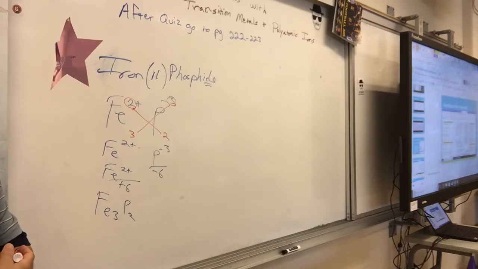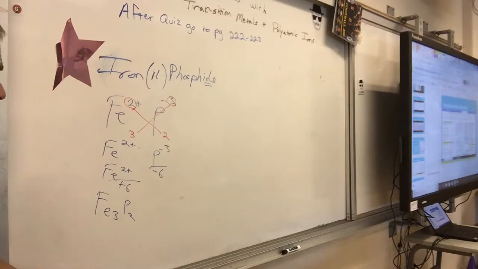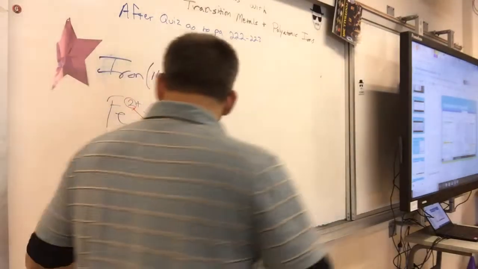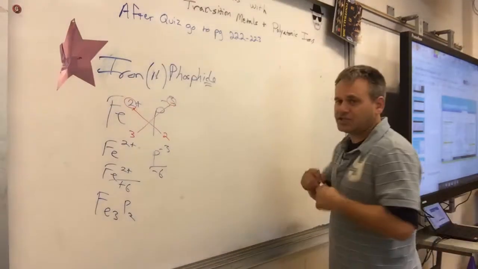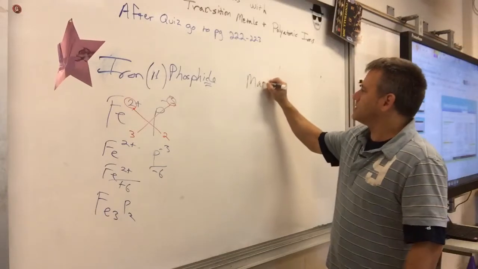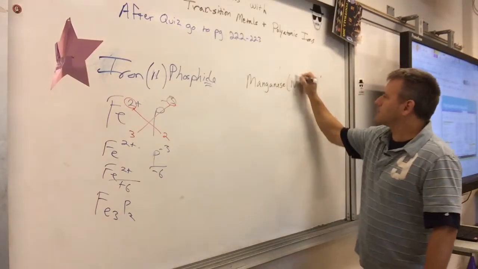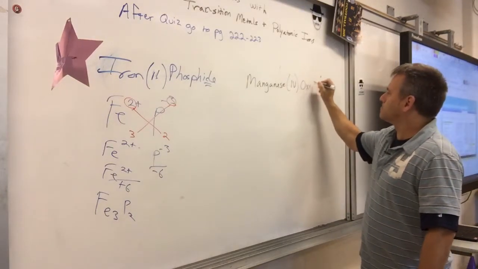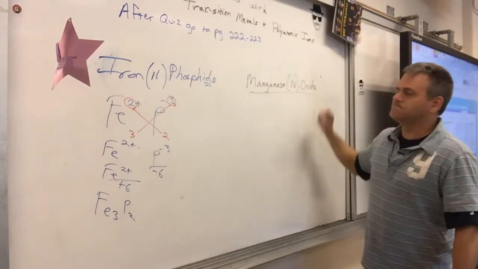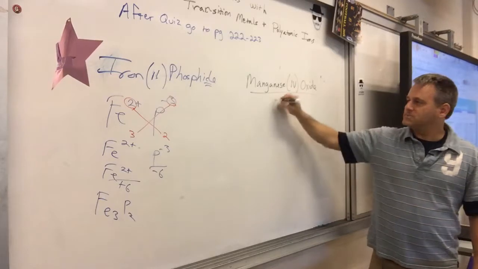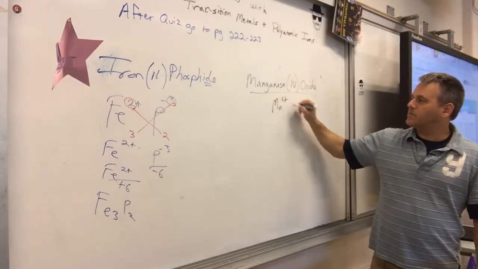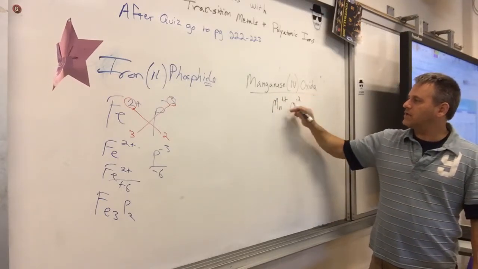Now, just like Andre said, you could do that in 1.5 seconds, but would it work for everything? Well, let's see. Andre, that's a good question. Let's do manganese 4 oxide. Mn 4 plus, O -2.